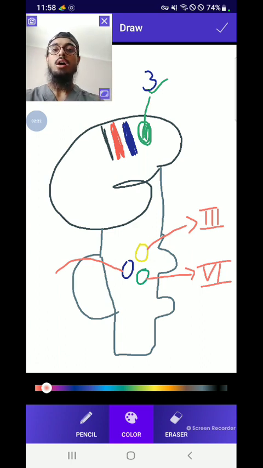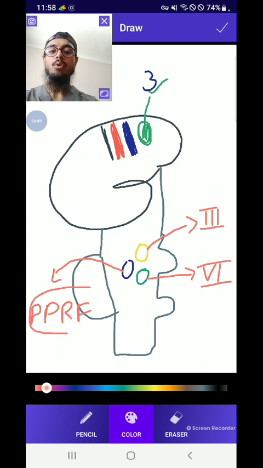Later I tell you all the pathways related to the frontal eye field, which is very important, and about the damage of that area, what clinical diseases occur. So this area is the paramedian pontine reticular formation.